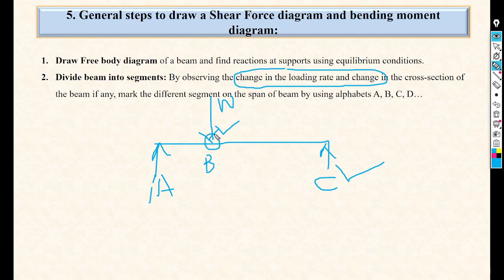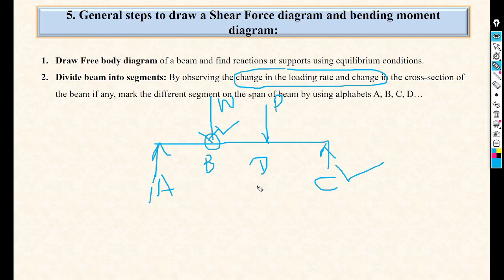Because one point load is there. Suppose if any point load is given over here, let's say P, so again we need to consider a point at the point load, let's say D. Okay, so here we are considering AB first, BD second, and DC third segment. Likewise, we have to divide our beam in particular segment if that points are not given in the numerical.